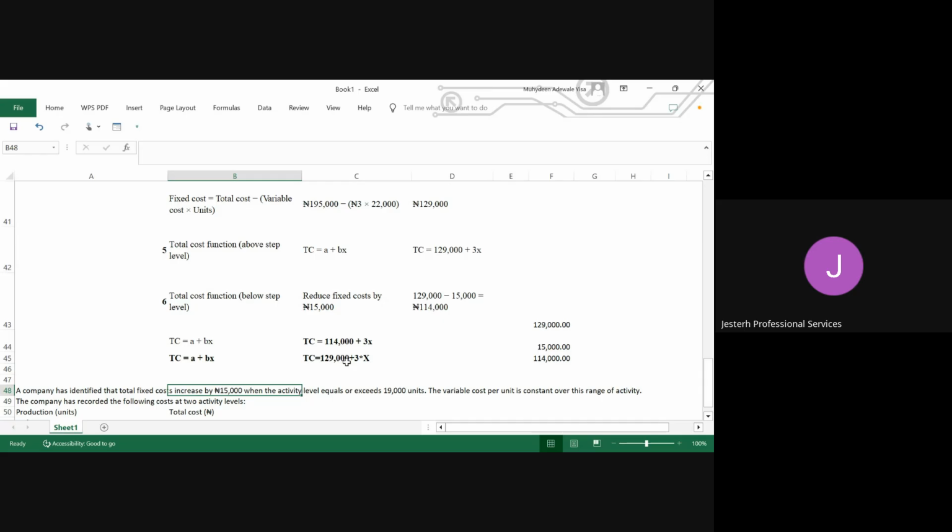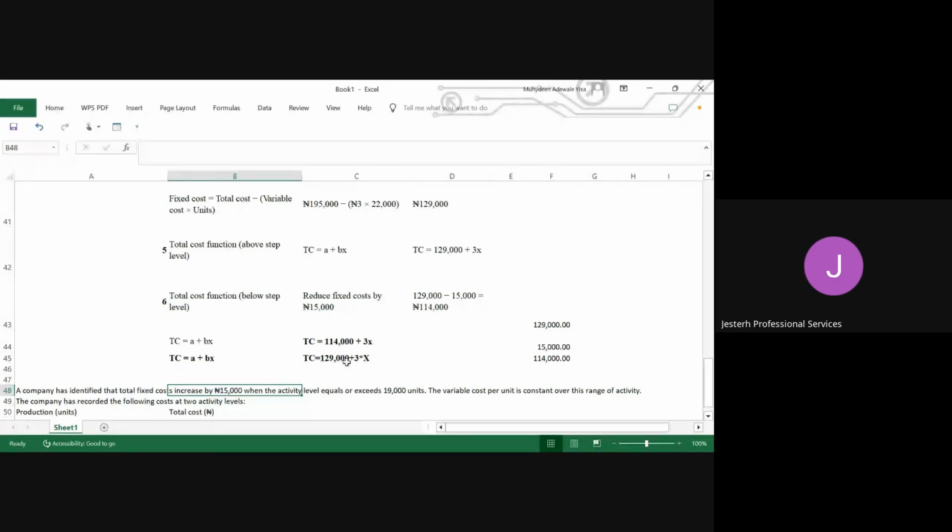All these things will now help an organization to forecast on how to determine the total costs. That is the reason why we are coming up with this cost function. Using high and low method, getting the variable cost, getting the fixed cost. What is the purpose?